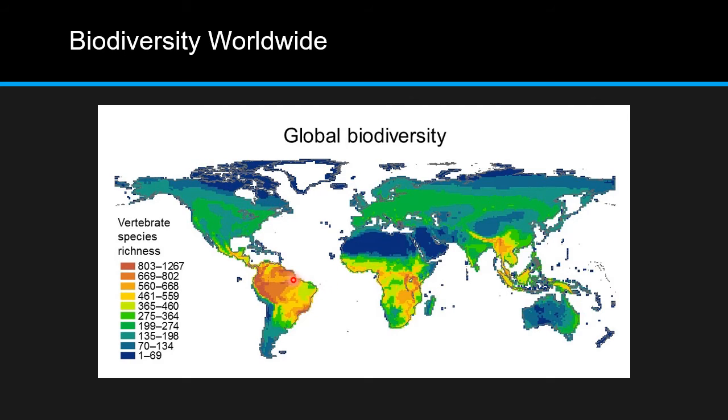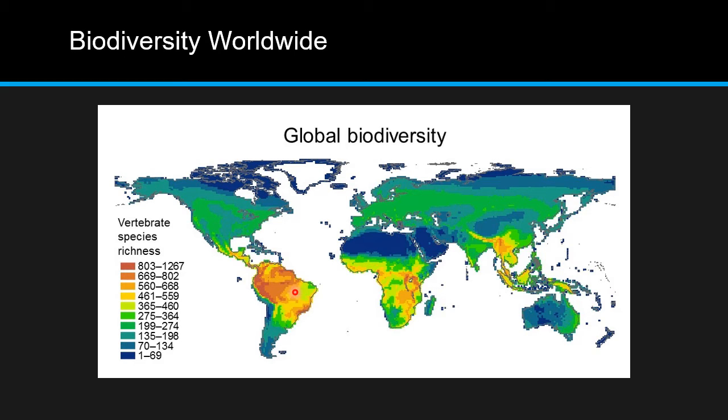You can easily see that some areas, like over here where I am pointing, have low biodiversity. Oh, I forgot to mention, the cooler colored areas have lower biodiversity, while the warmer colored areas have high biodiversity. So in this area here, you have high biodiversity. Why?